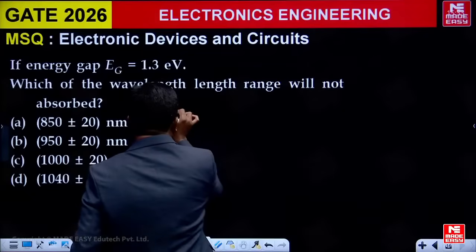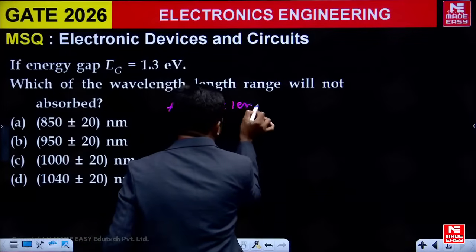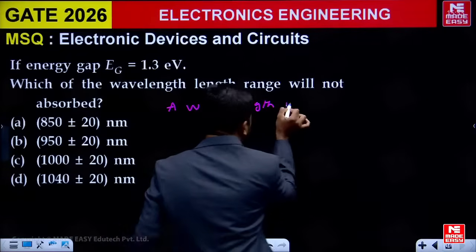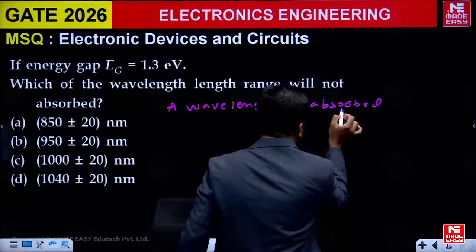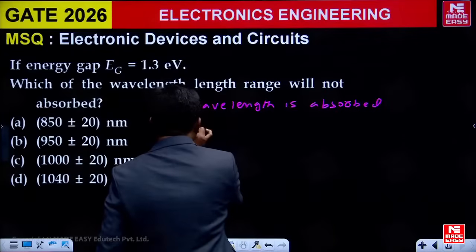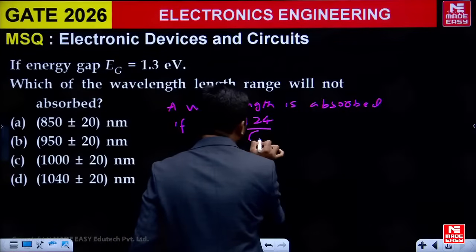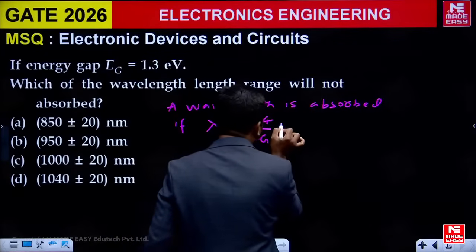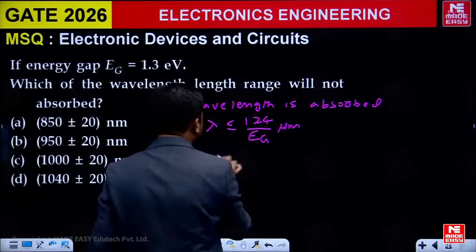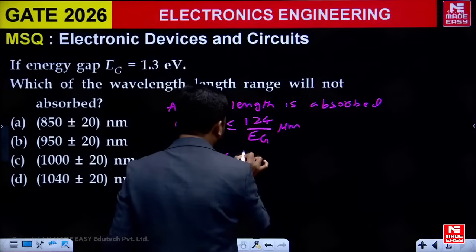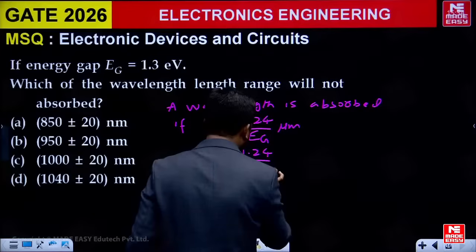A wavelength is absorbed if lambda is less than or equal to 1.24 divided by Eg micrometer. This is the formula, everybody must know. So here we will put the value of the energy gap, 1.24 divided by 1.3.